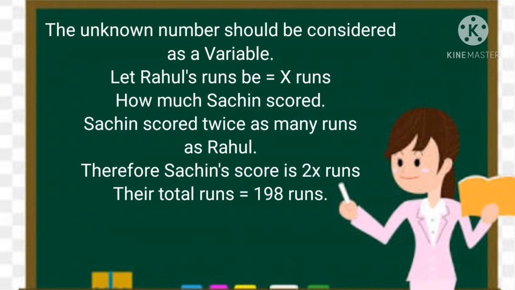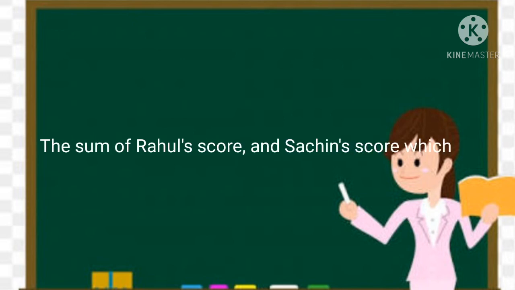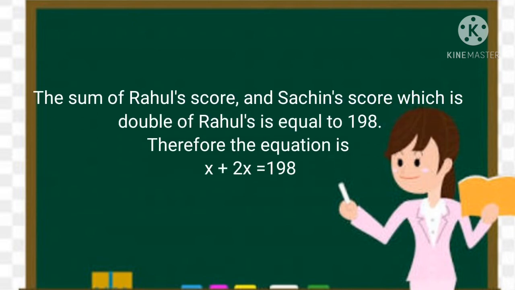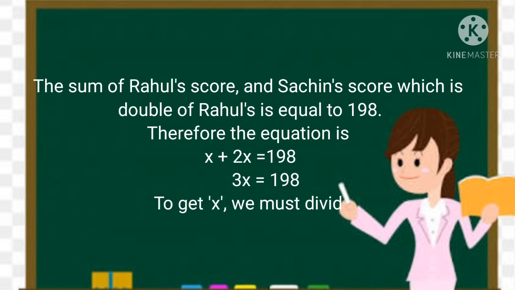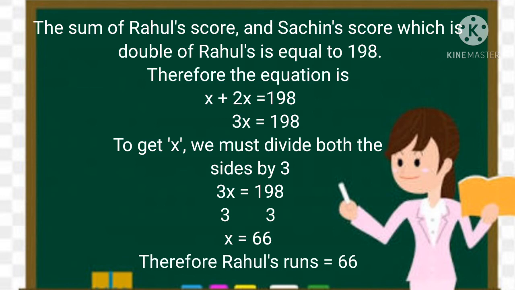Their total runs equal 198 runs. Now let us set up the equation. The sum of Rahul's score and Sachin's score, which is double of Rahul's, is equal to 198. Therefore, the equation is x plus 2x is equal to 198.